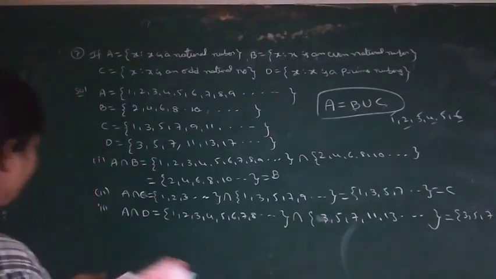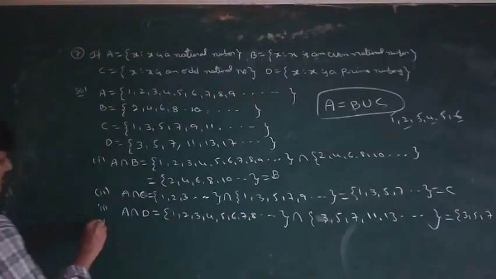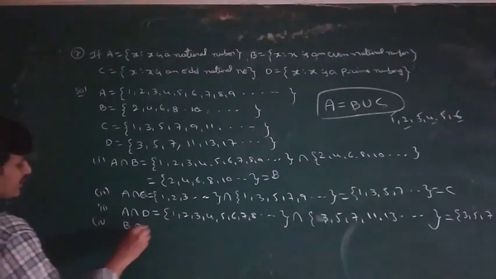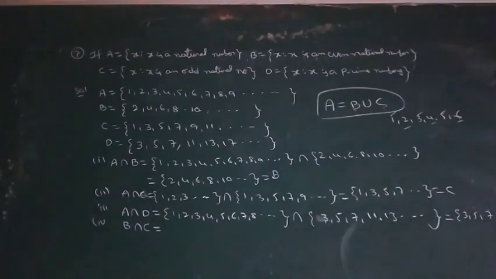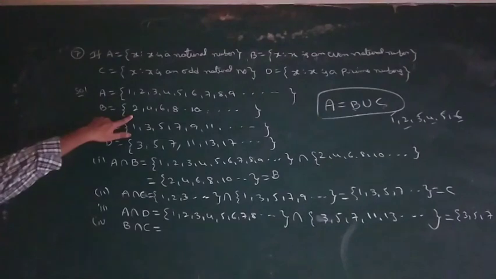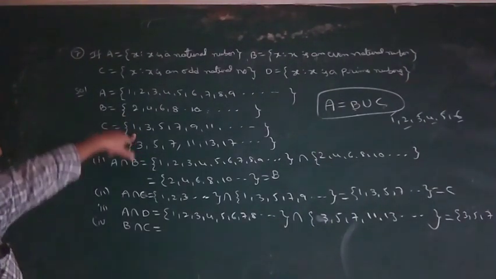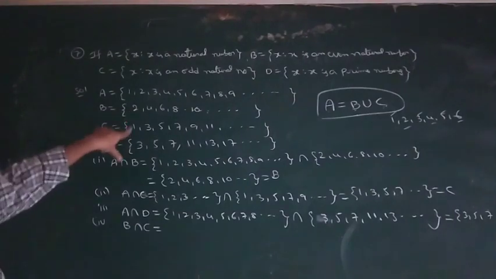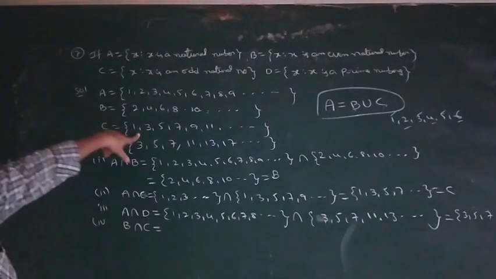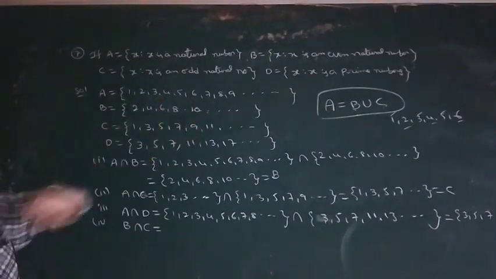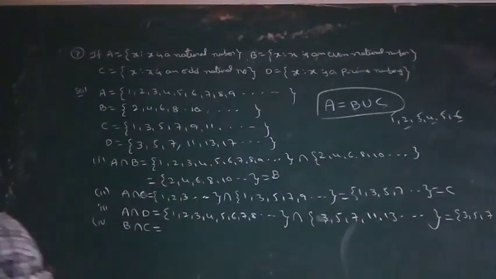Fourth one, B intersection C. What is B? Even numbers. What is C? Odd numbers. There is no common element, because 2 4 6 8 and so on, and 1 3 5 7 and so on.